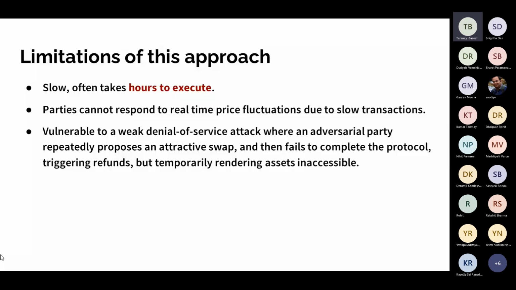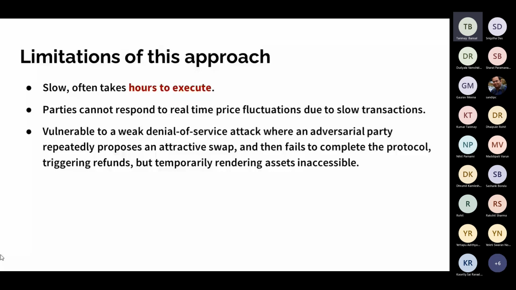So Alice may not be satisfied with 33 ethers, and she might not reveal the key at all. There are also weak denial of service attacks, where an adversarial party can repeatedly propose an attractive swap and then fail to complete the protocol. They might agree to it, but then finally do not live up to it, and they back out.